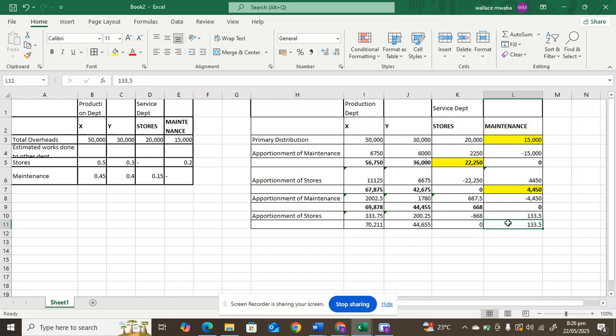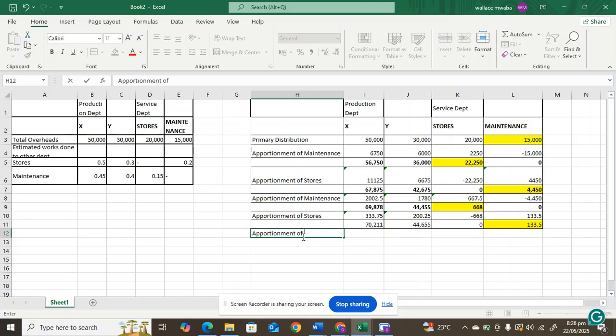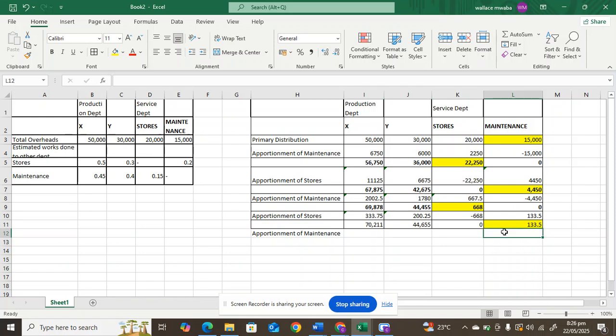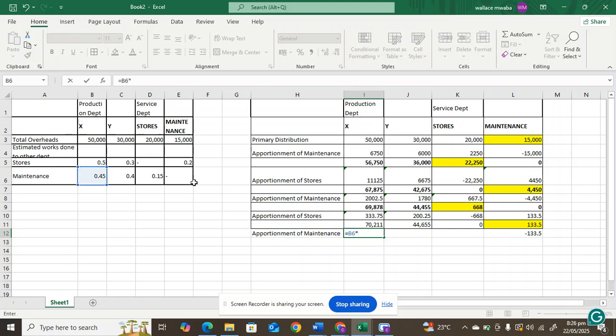Next, we now need to reapportion this 133.5 from maintenance back to the other departments. The apportionment of maintenance. So you put it here as negative 133.5. So we come back to our information here. Department X gets 45% of the amount. So say 45% of this 133.5.